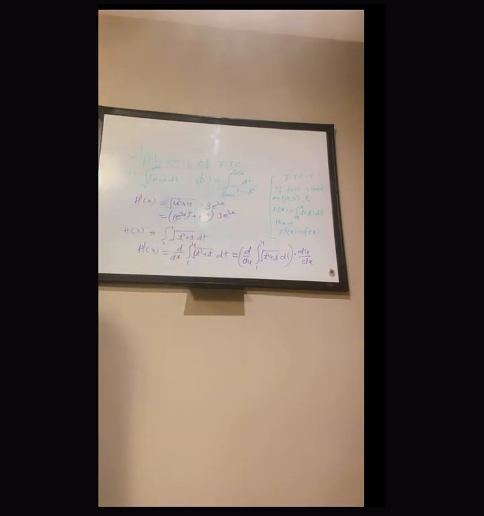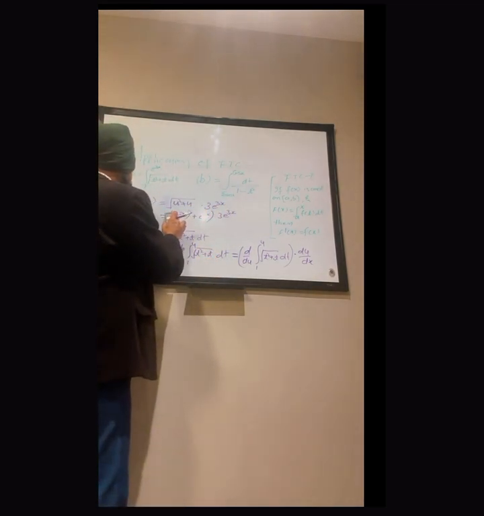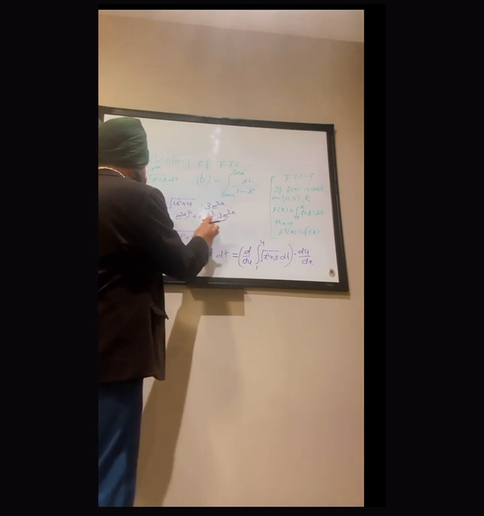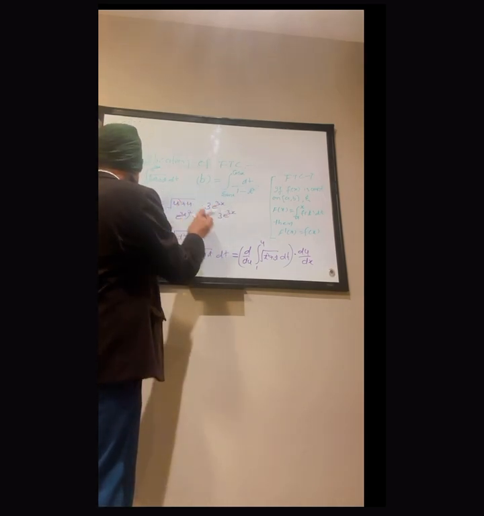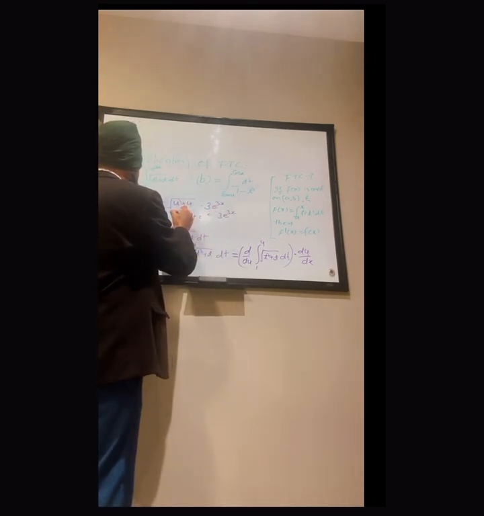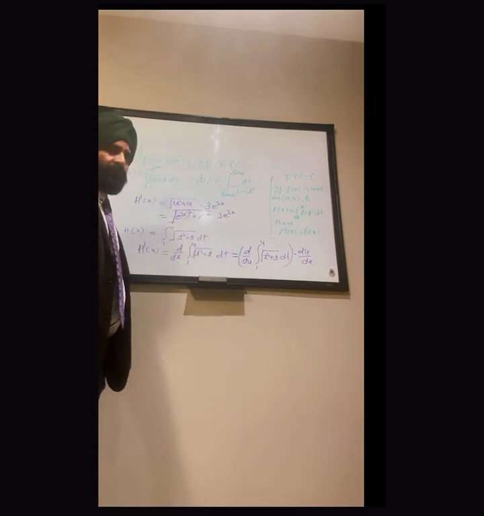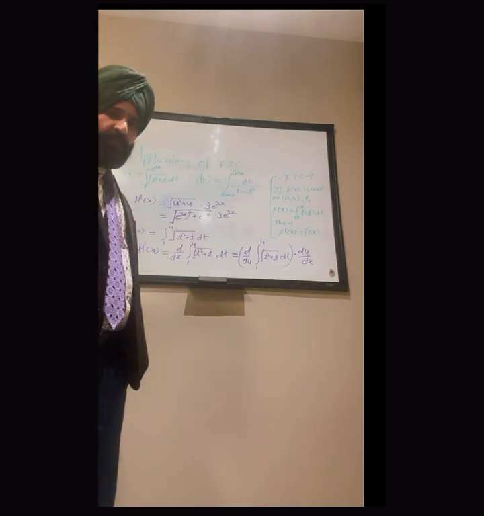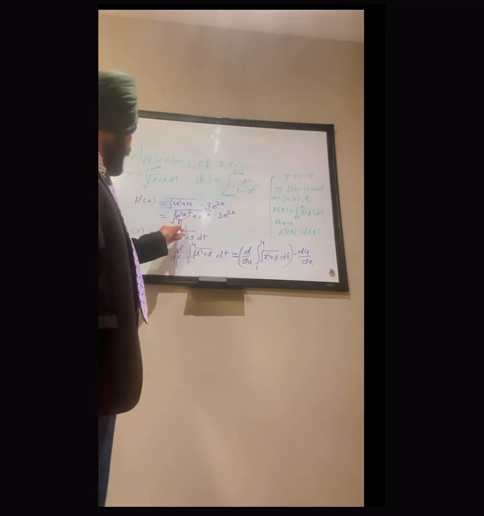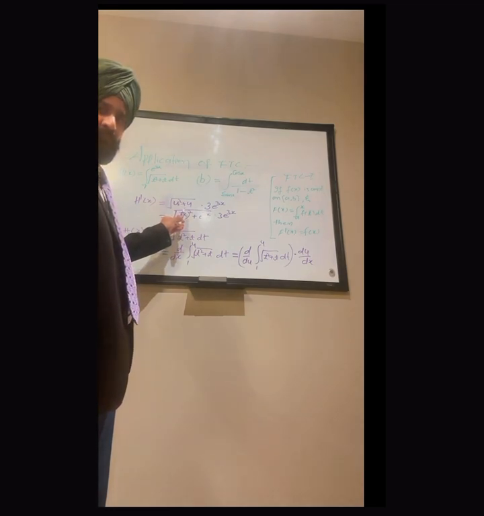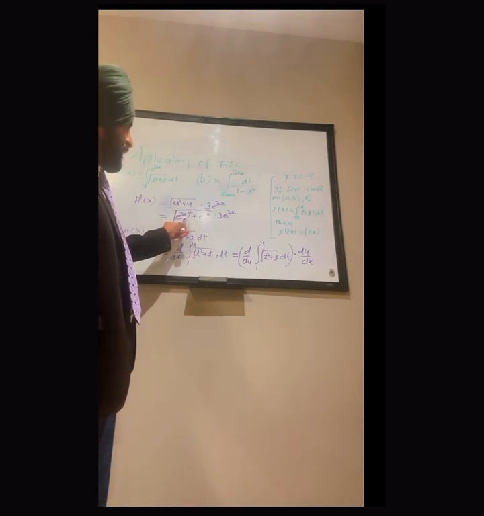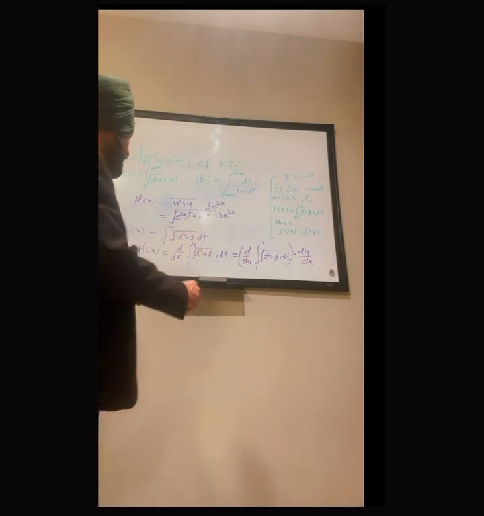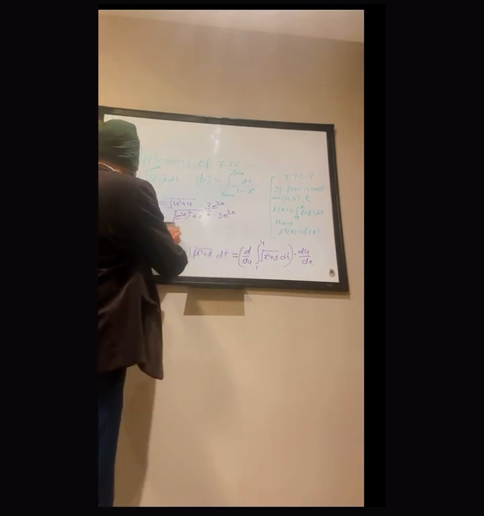One thing: we need to write it in the square root. This is in the square root. What we did, we just substituted the value of u, which is e raised to power 3x.